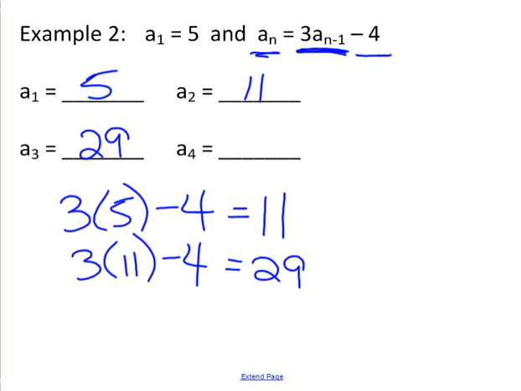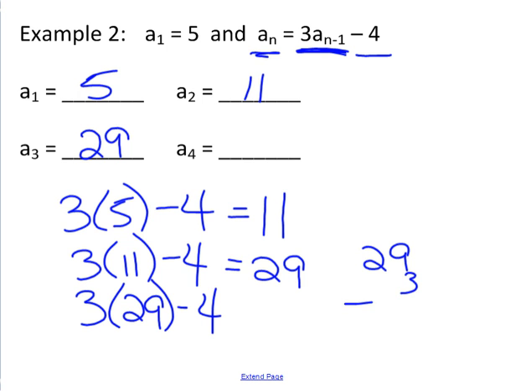To get the next term, I need 3 times the prior term, subtract 4. And I'm not sure what 3 times 29 is, so let's look at it. 3 times 29, we've got 27, and we've got 87, so we're going to have 87, subtract 4, and we get 83. So the sequence is 5, 11, 29, 83.